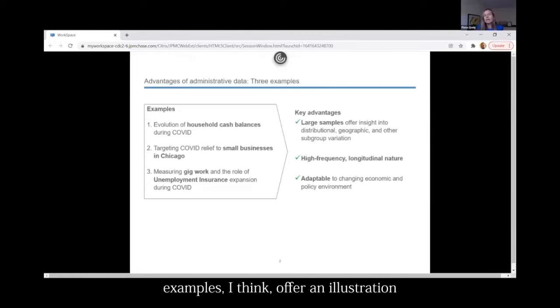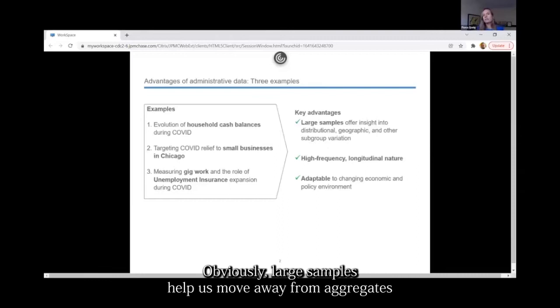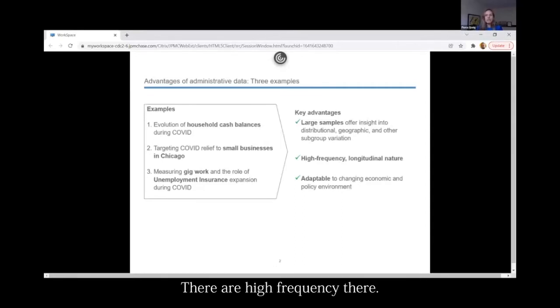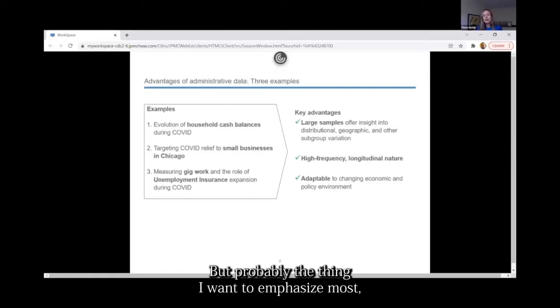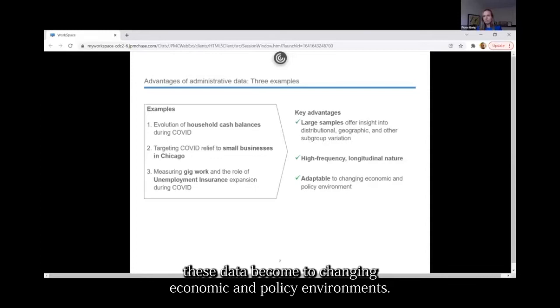These examples, I think, offer an illustration of some of the key advantages I see in administrative data. Obviously, large samples help us move away from aggregates and means and shed light on the distributional aspects, geographic granularity, and other subgroups of interest. They're high frequency, they have this longitudinal nature, but probably the thing I want to emphasize most, and which I've come to appreciate over time, is actually how adaptable these data become to changing economic and policy environments.